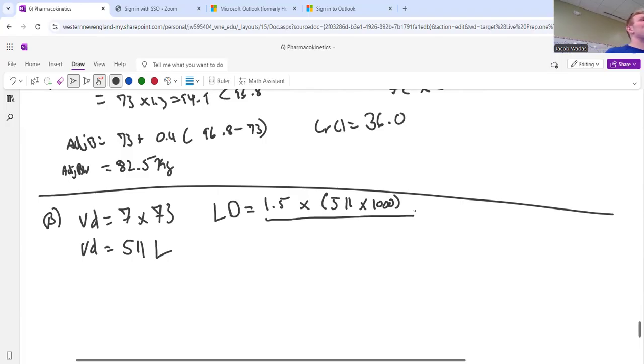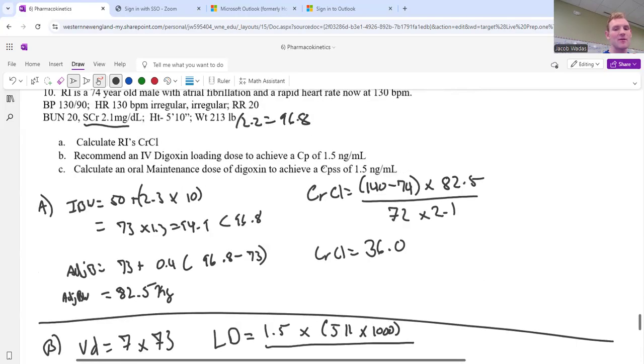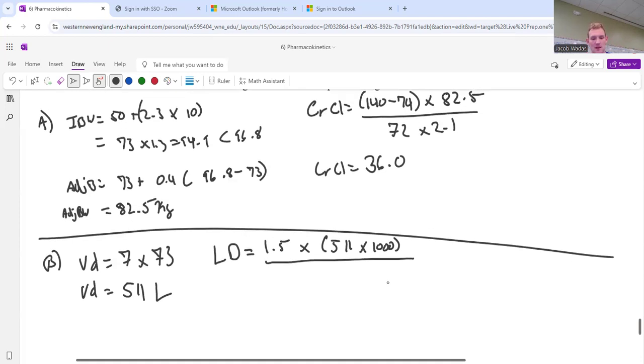We have to do it to make the math work. Probably because C peak is nanograms per milliliter, so we need the milliliters to cancel each other out and get nanograms. Yep, but he never explained why.